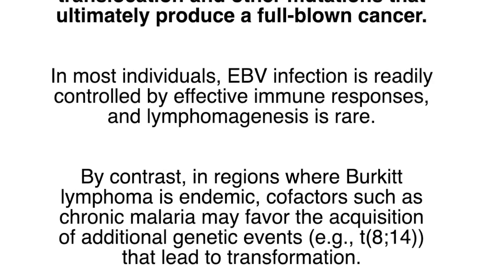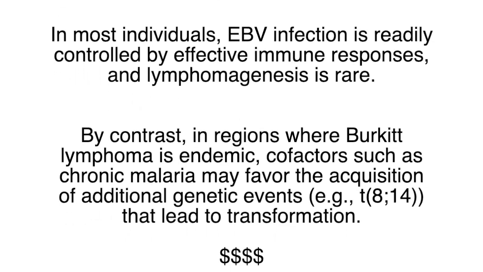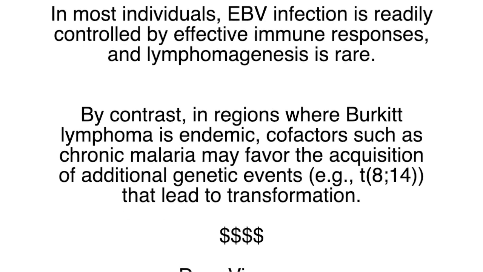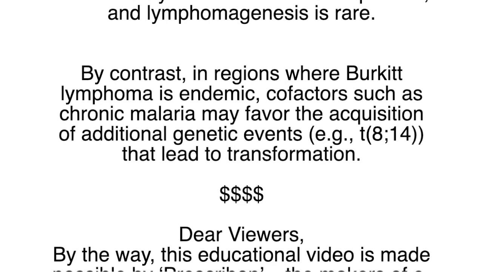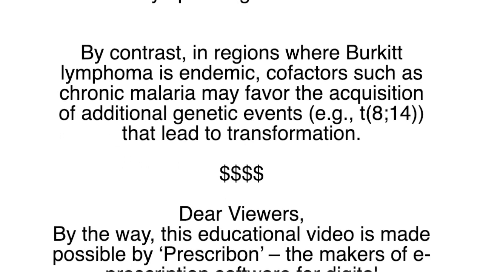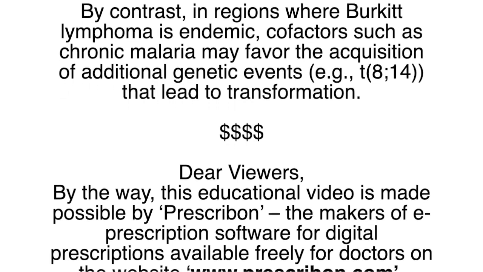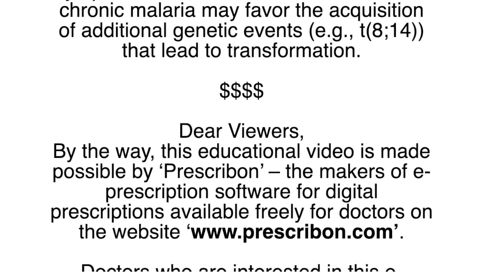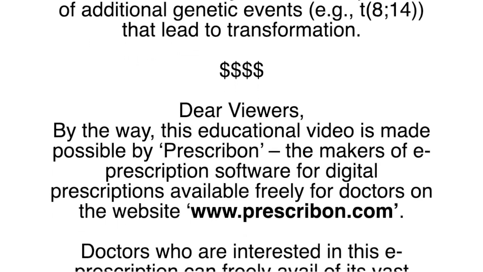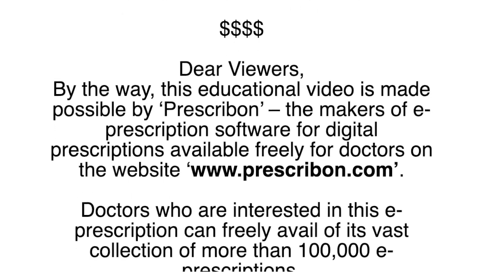In most individuals, EBV infection is readily controlled by effective immune response, and lymphomagenesis is rare. By contrast, in regions where Burkitt lymphoma is endemic, cofactors such as chronic malaria may favor the acquisition of additional genetic events, for example, translocation between chromosomes 8 and 14, that lead to transformation.